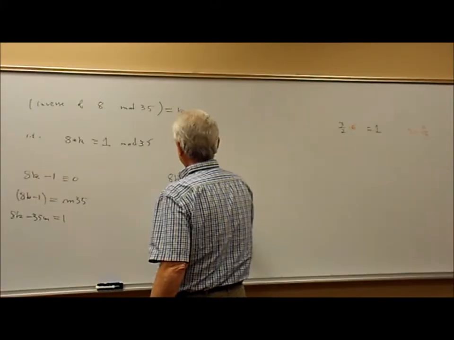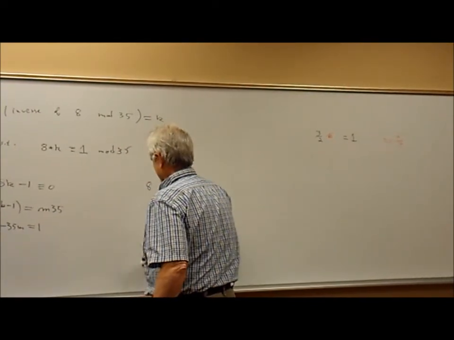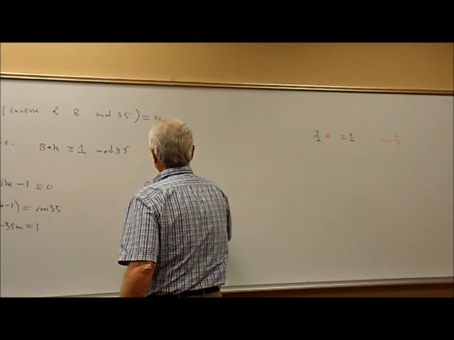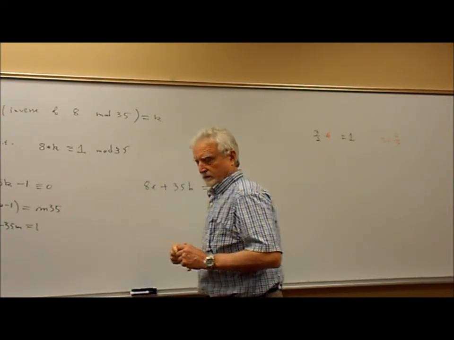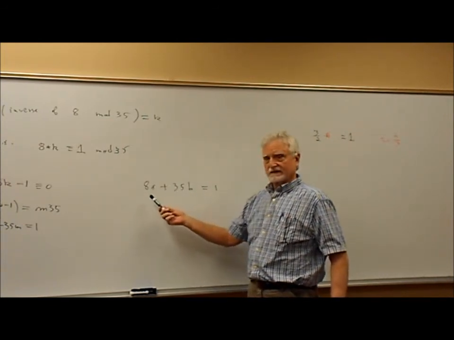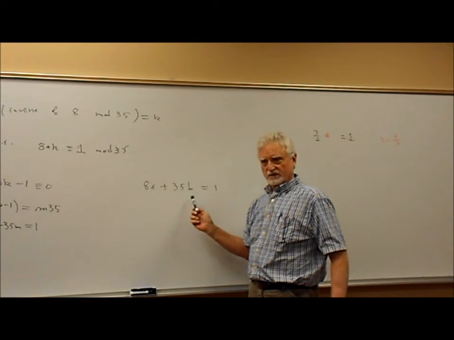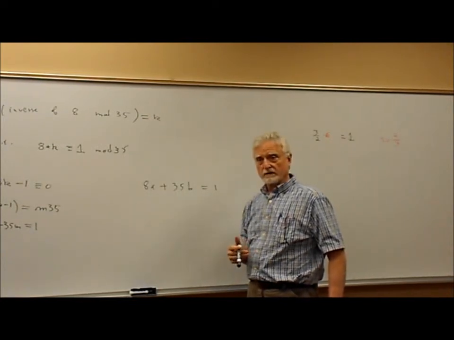Okay, 8a plus 35b, let's say. You had this theorem somewhere that says you can find numbers a and b for this if and only if 8 and 35 are relatively prime.